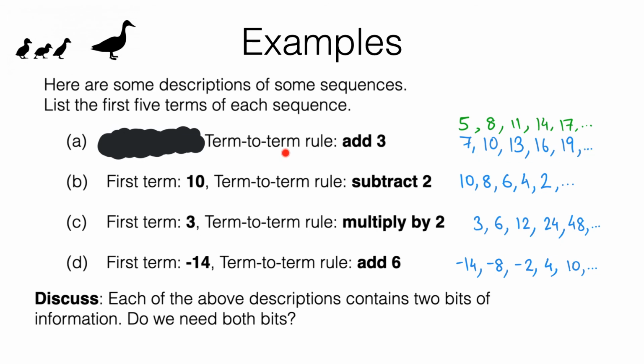So just having the term-to-term rule on its own is not enough to fully describe the actual sequence. We need the term-to-term rule and we need information about a particular term. Now that could be the first term or it could be any other term, but we need the 2 bits of information. And that's the key idea from this video.